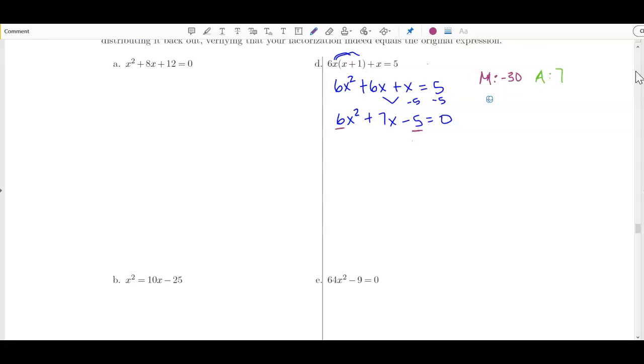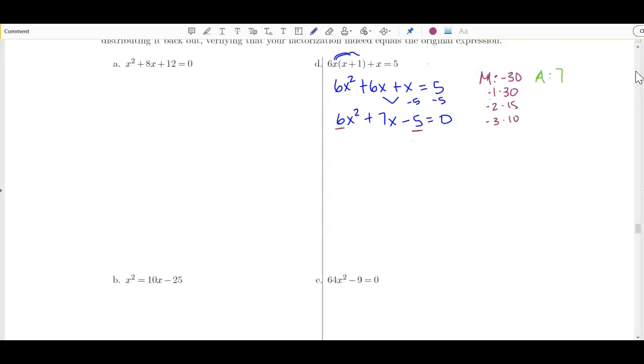You could list all those out, but it might be easiest to list things in order. So I'm going to say, okay, I know 1 times 30 is 30, and maybe I'll just put my negative with the first number. I also know that 2 times 15 is 30, so I'll say negative 2 times 15. Negative 3 times 10.